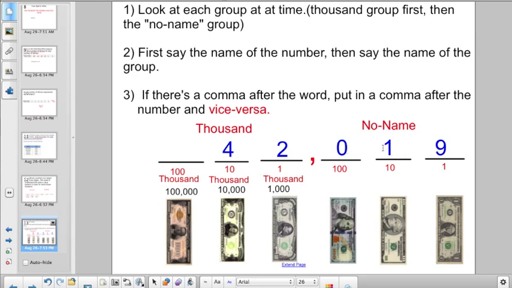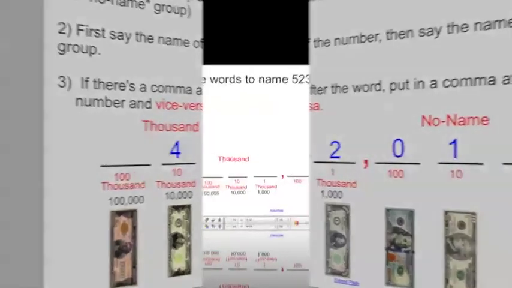What's the name of that number? That would just be 19, right? 19 in the no name group. So it's the no name group, so all you have to say is 19. Say the name of the number, then the name of the group. 42,019. Let's do a little more practice with this, shall we?